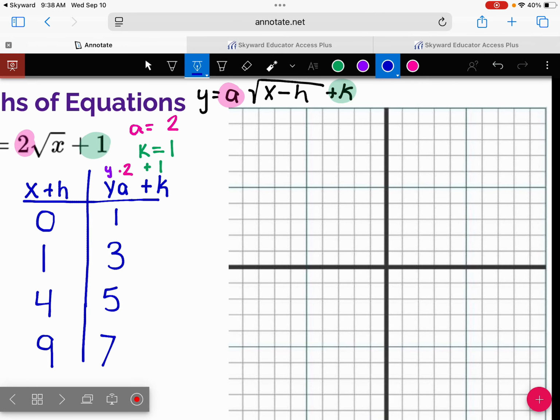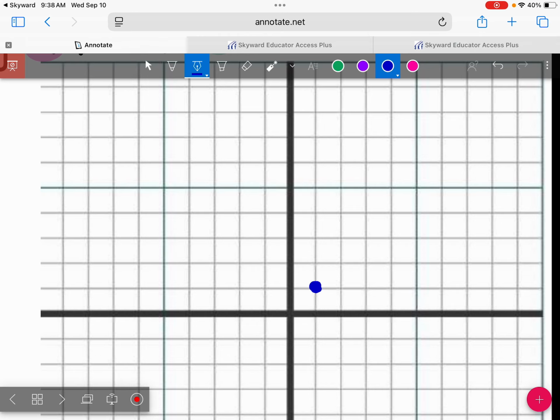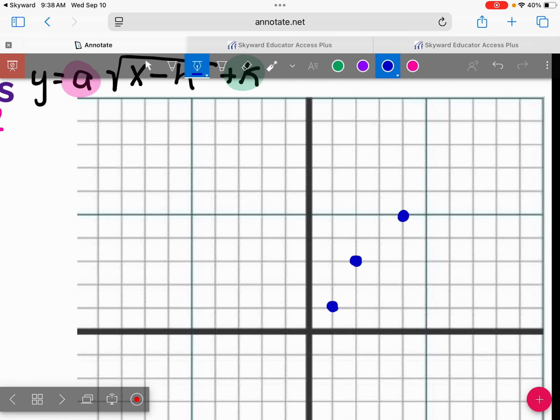So we can plot those points up. We're going to have our 0, 1, our 1, 3, 4, 5, and 9, 7. So this is our transformed function.